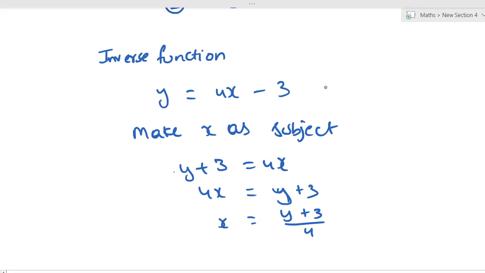So this is a function and this is an inverse function.